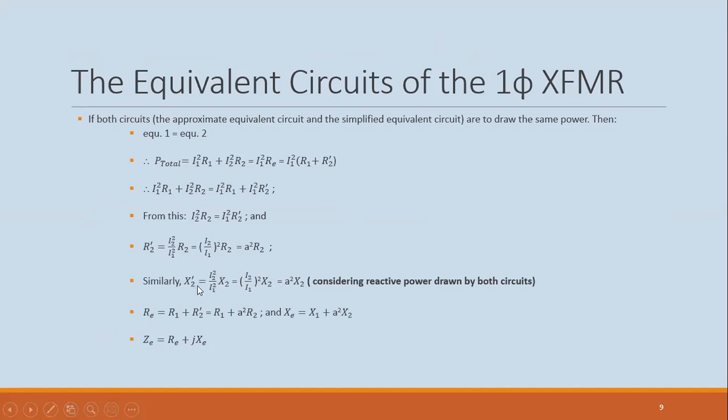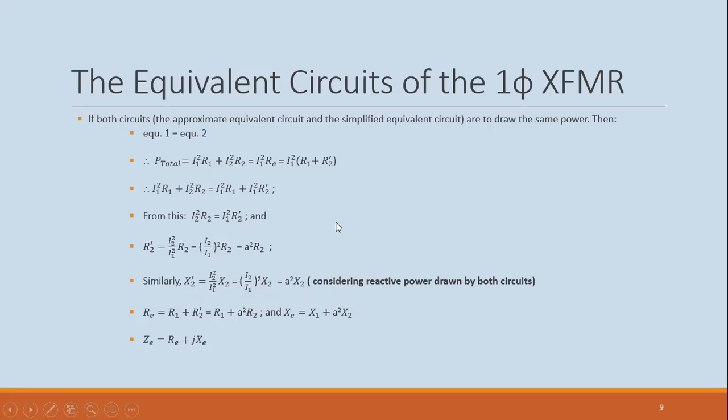For XE, when I referred with the turns ratio, it can also be written in terms of N1 over N2 for the reactance. But we won't bother getting into that. So it's not only I2 over I1, but it could also have been written in terms of N1 over N2. And that comes from our relationship for inductance.